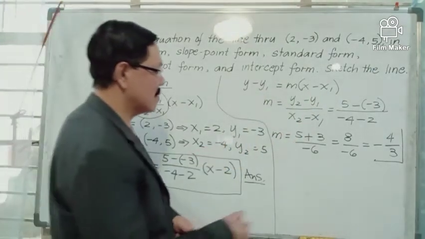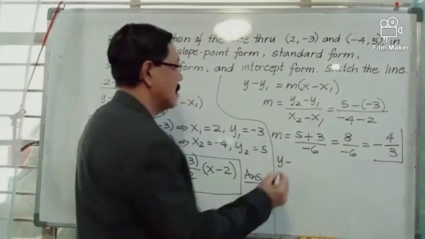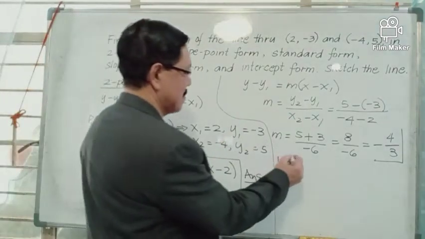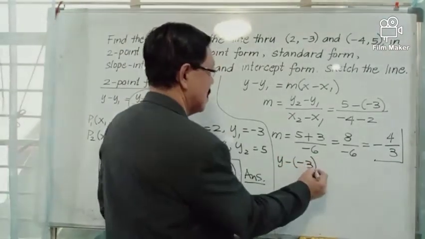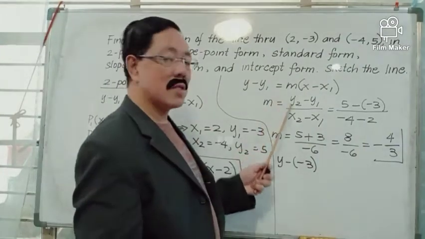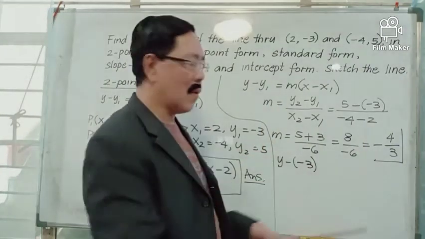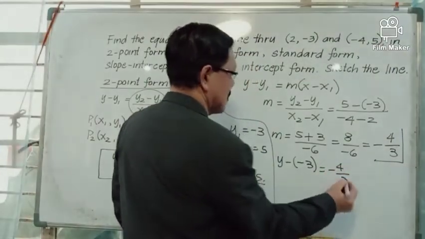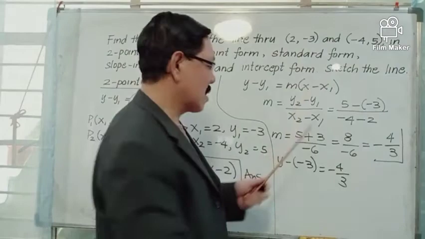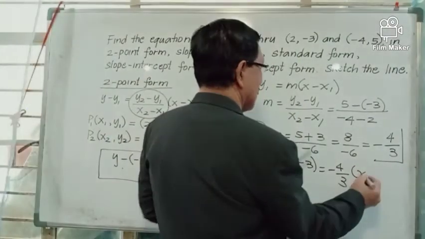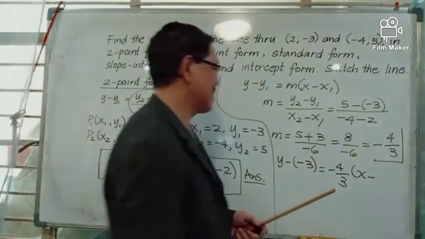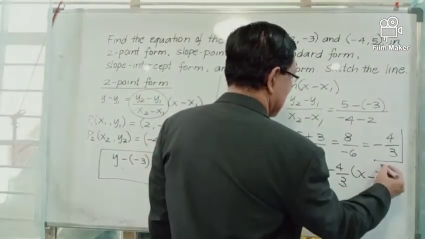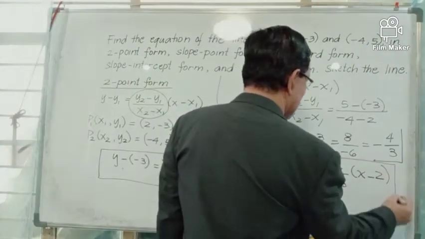We have y minus y1, which is negative 3, equals the slope m, negative 4 over 3, multiplied by the quantity x minus x1, and x1 is 2.